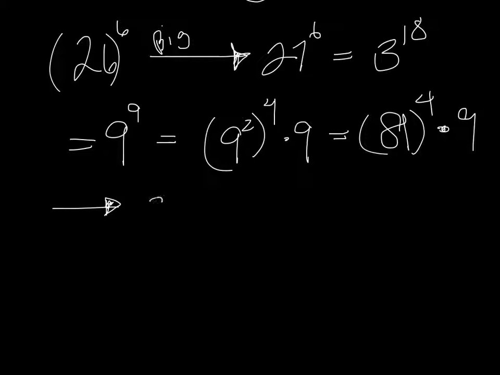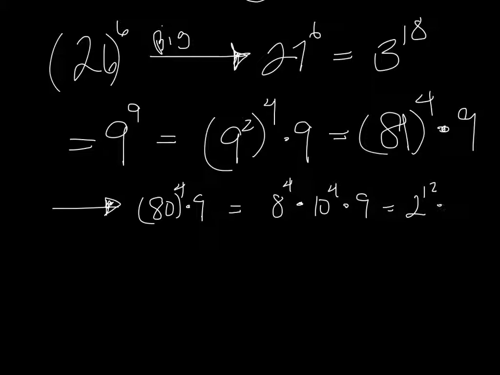So we're going to say now, we're going to make it smaller, say 80 to the 4th times 9, which is equal to 8 to the 4th times 10 to the 4th times 9. Which is equal to 2 to the 12th times 10 to the 4th times 9.